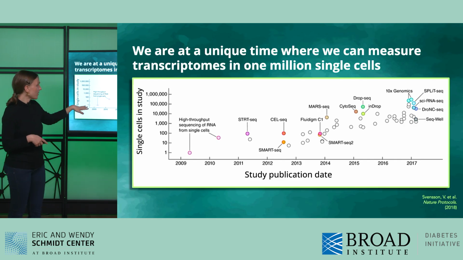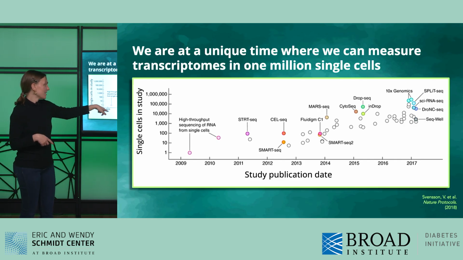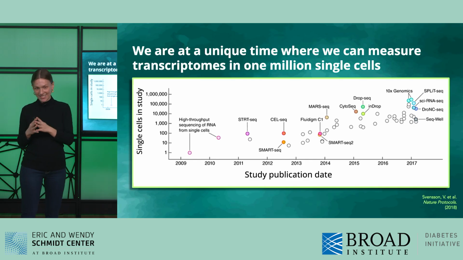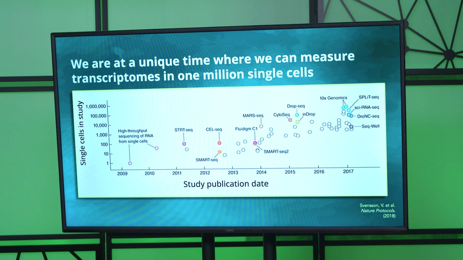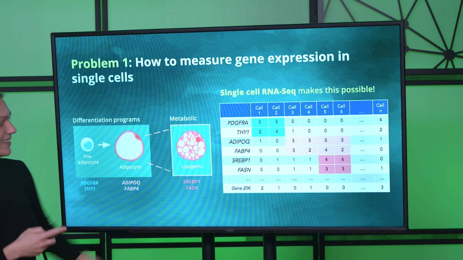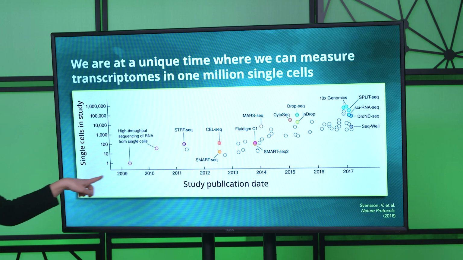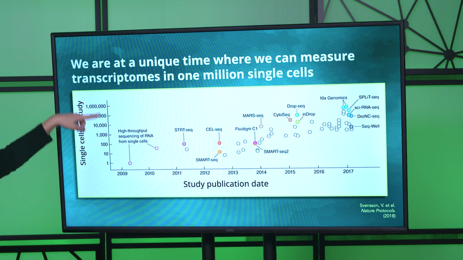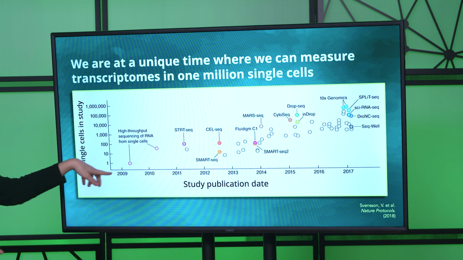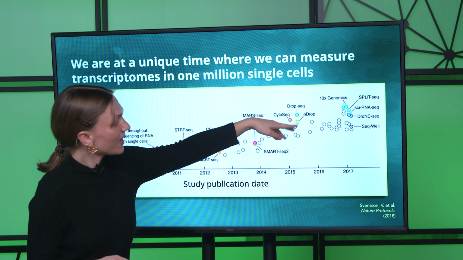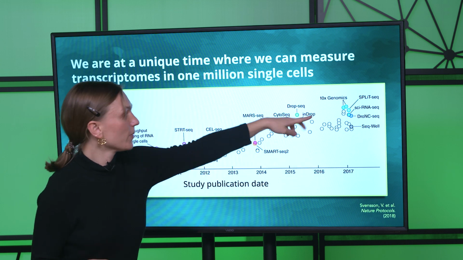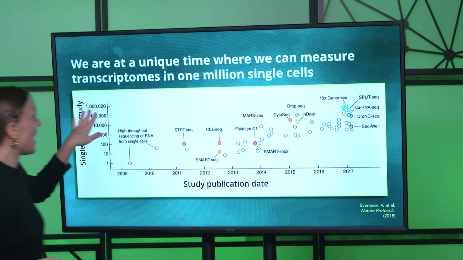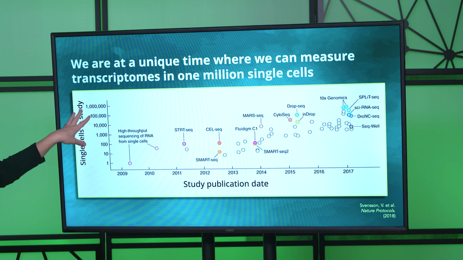We went from a case where in 2009, 4 cells of a 4-stage blastomere were sequenced, so in the matrix on the previous page there were just 4 columns, to today, on this logarithmic scale showing the number of cells, where at least 8 years ago, in 2017, we had technologies that allow us to profile 1 million cells.